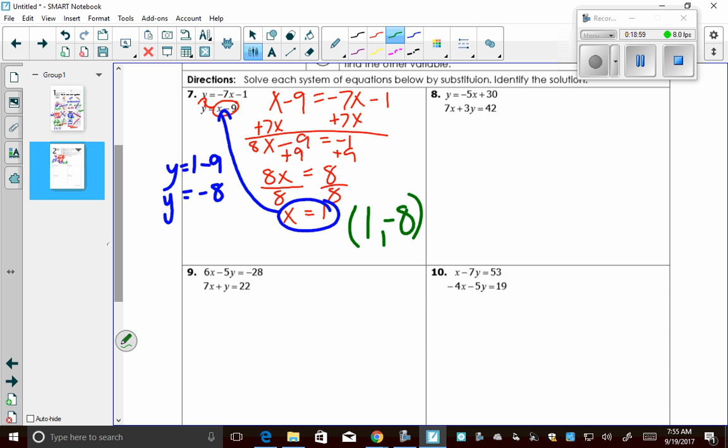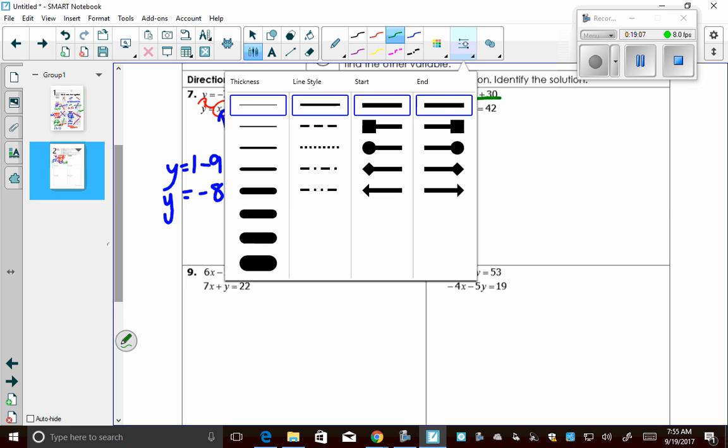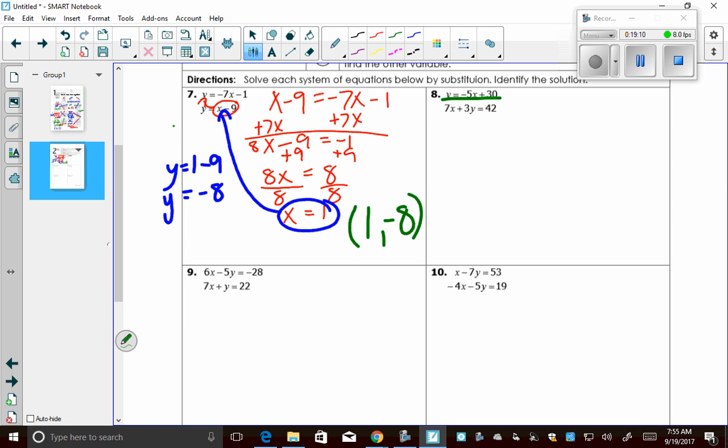If you look at number 8, I already have one equation set equal to y. I'm going to plug that into y. And x plus 3 times negative 5x plus 30 is equal to 42.